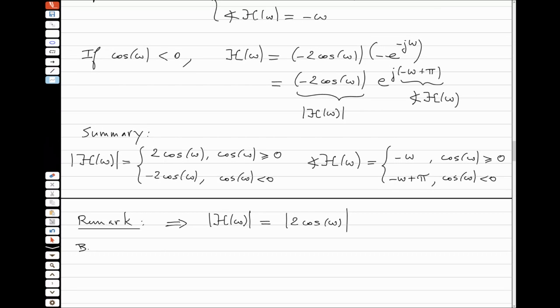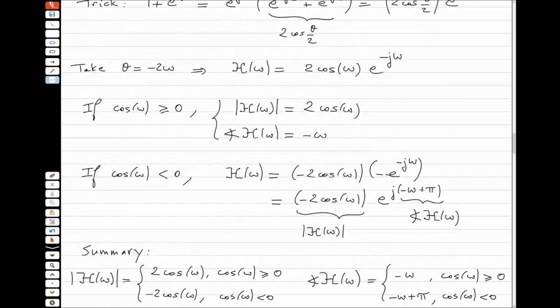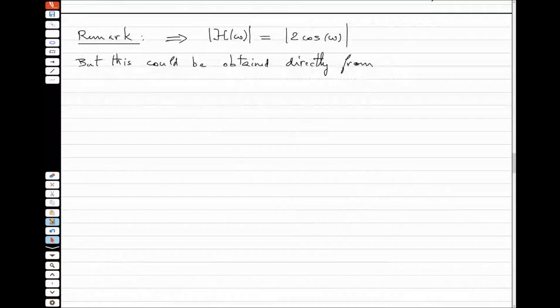But this could be obtained directly from that expression. Because that expression implies what?